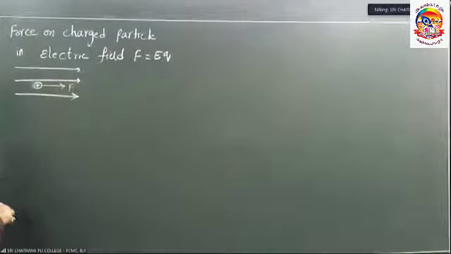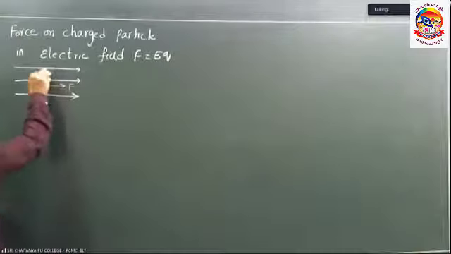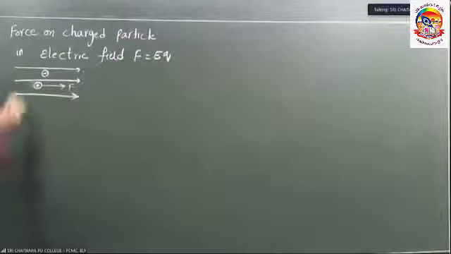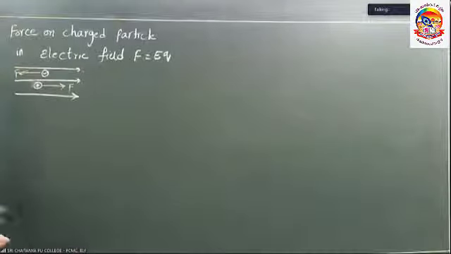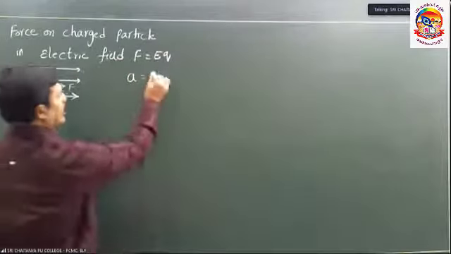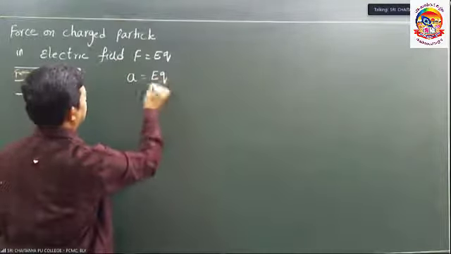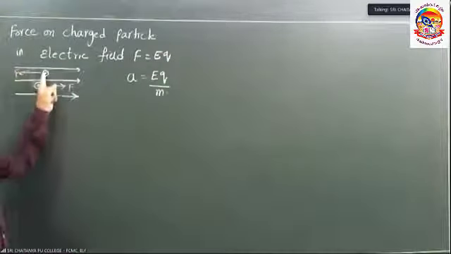If the charged particle is negative, it experiences the force opposite to the direction of the field. Basic point. Due to that force, it gets some acceleration. That acceleration is EQ by M, where M is the mass of that charged particle.